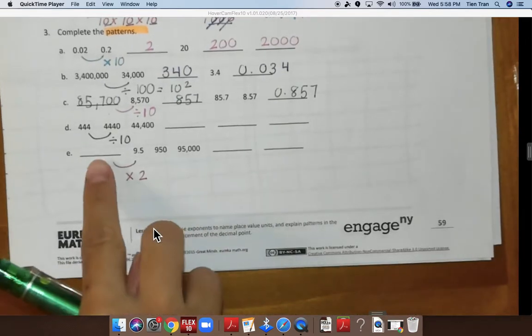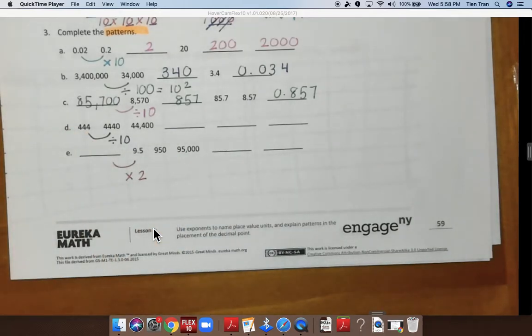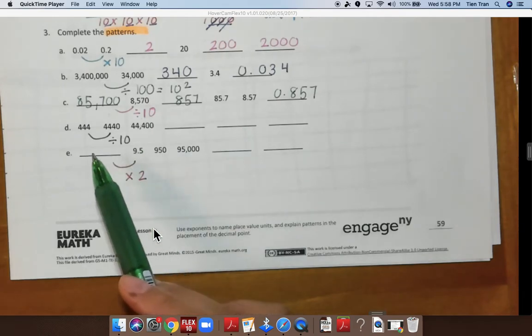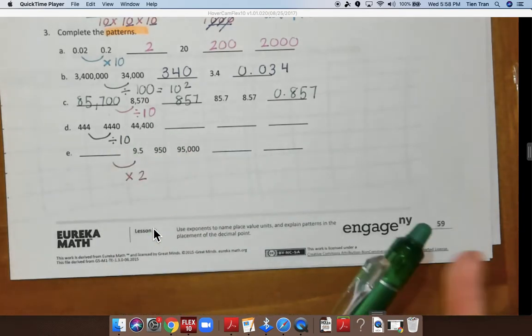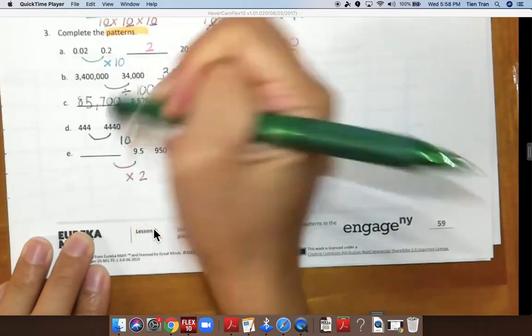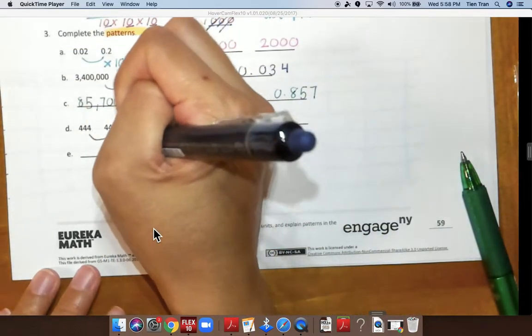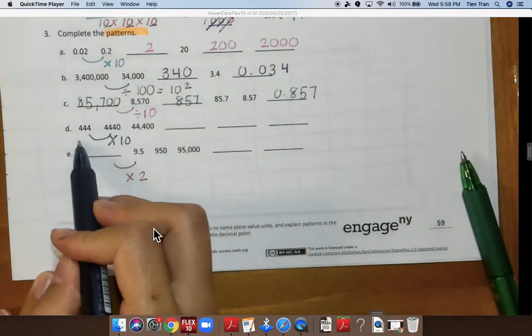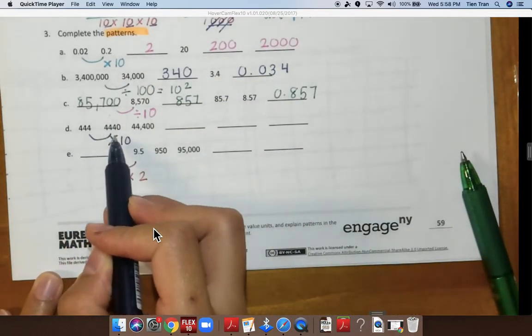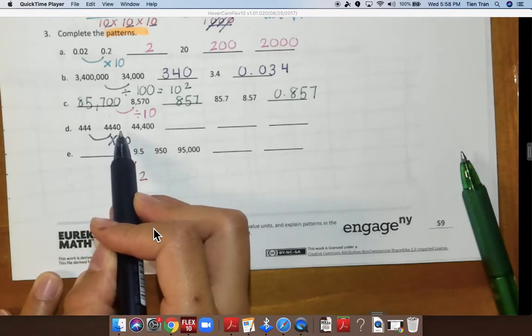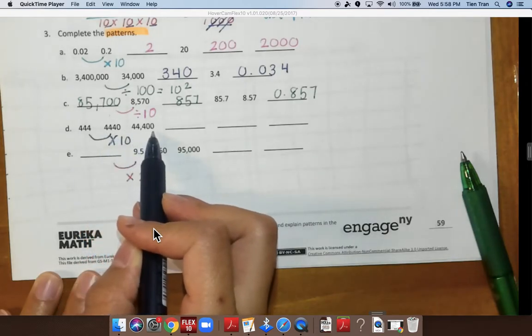Okay, now I have D. For D, it's pretty simple because I noticed that the number is getting actually larger. I don't know why I put divided by 10. That's multiplied by 10. My number is getting larger. I'm multiplying by 10. I'm moving over one time for each one. So right here I have 444, 4,440, 44,400.